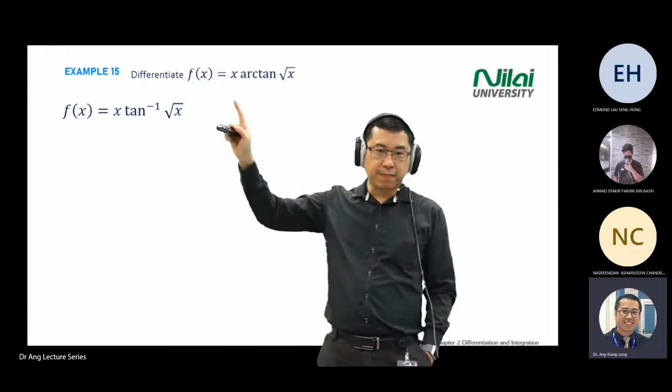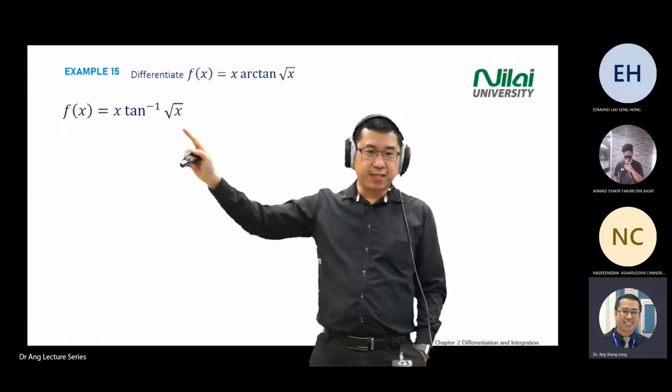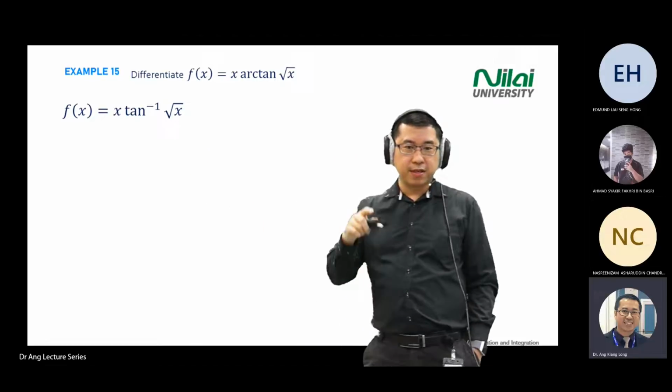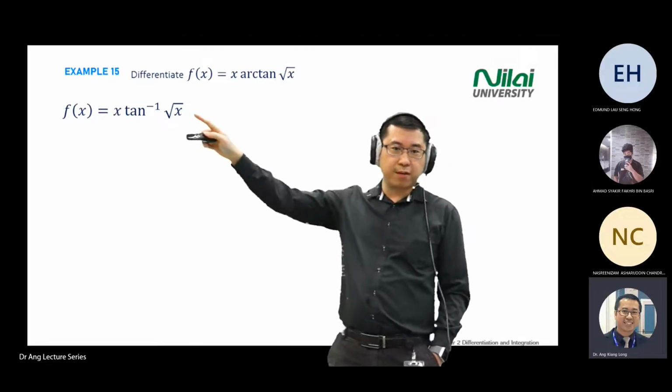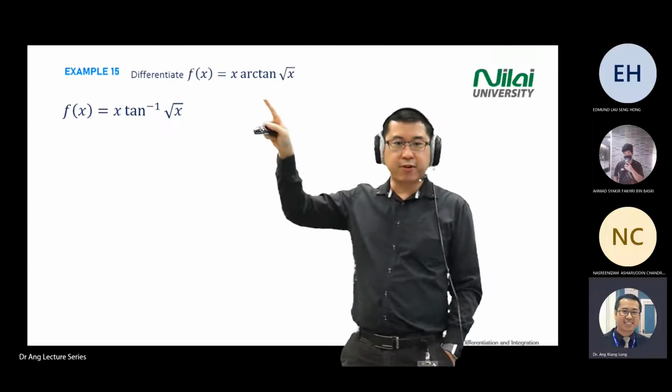That's why some textbooks prefer to use arctan, and some good publishers will use the minus 1 above the tan.